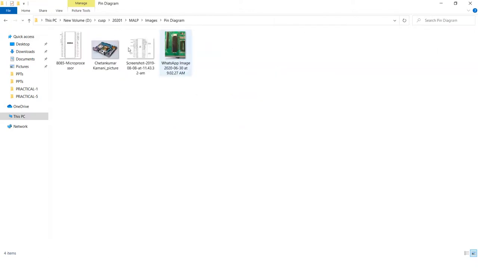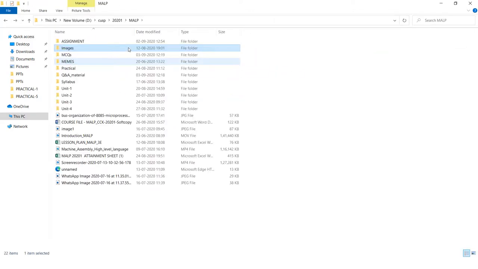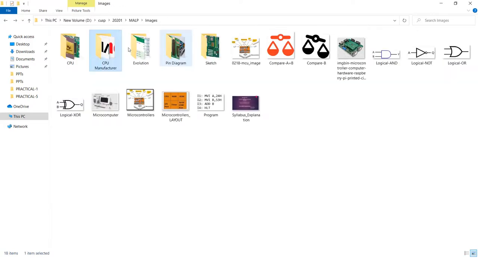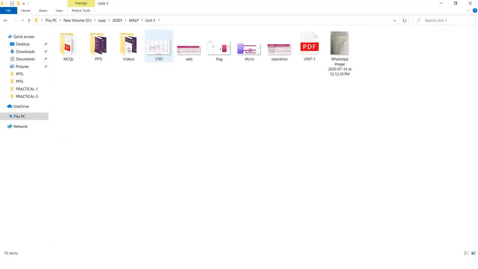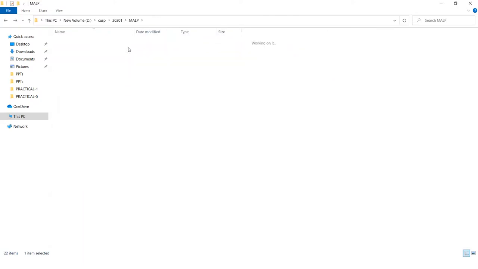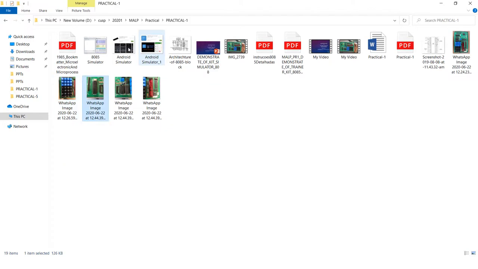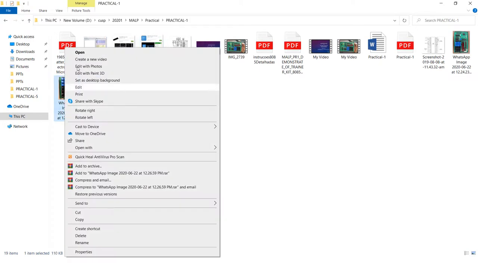No, not here. Okay, yeah. Mm, wait, I have images. Okay, I got to know. Practical one. Yes. Rotate left.